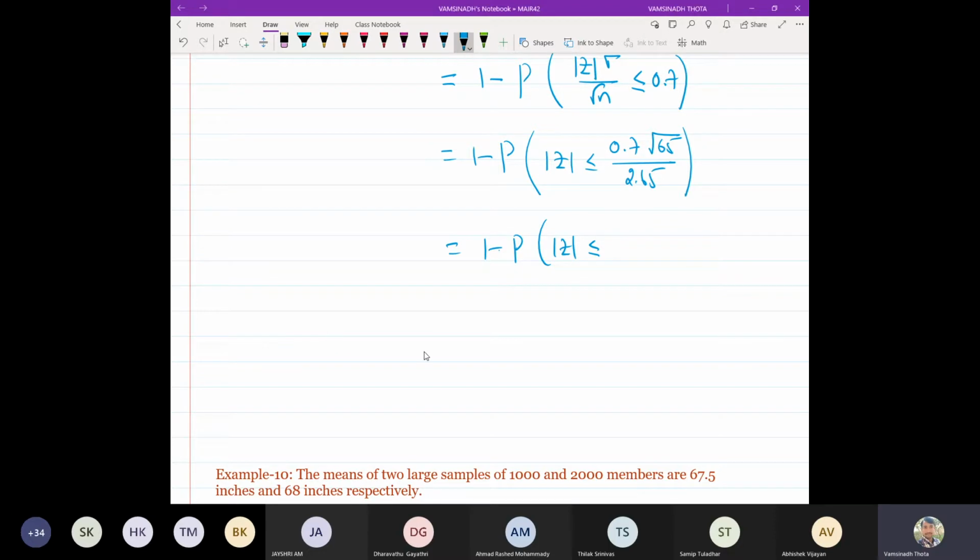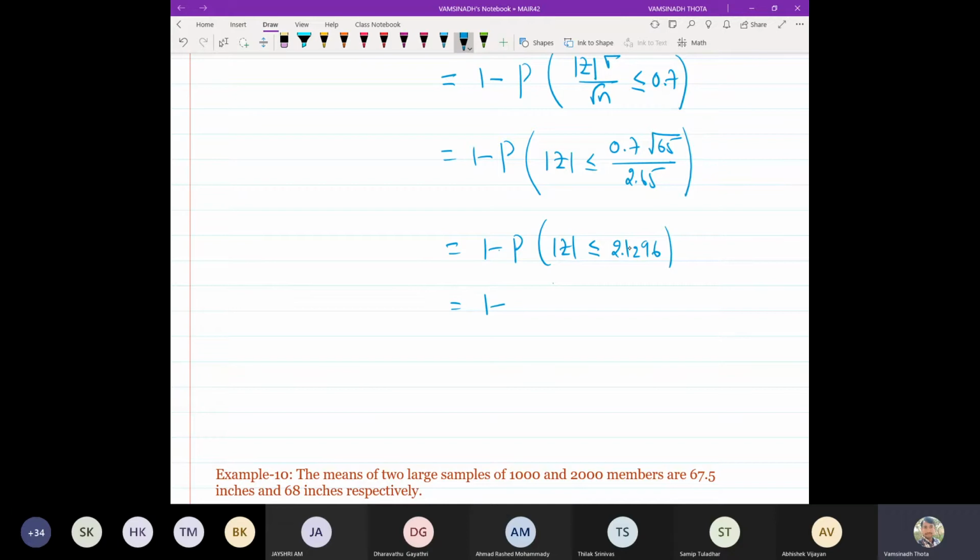So 2.1296. So that is equal to, but a statistical table does not give this value.